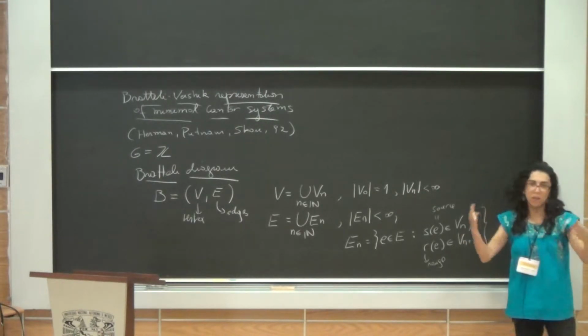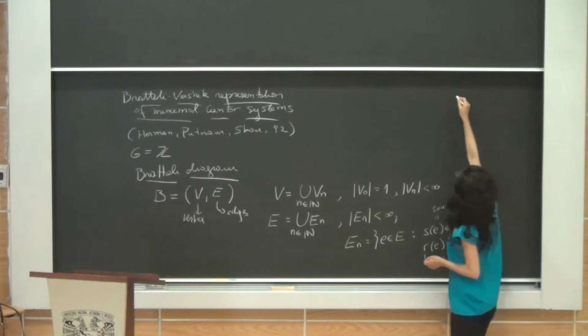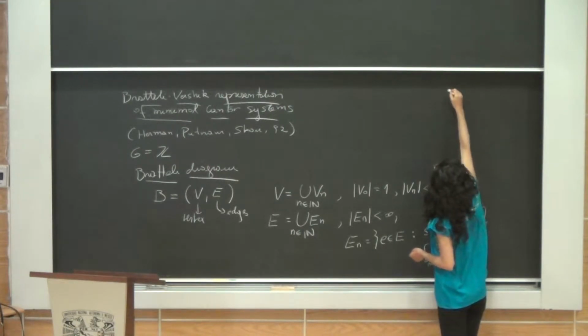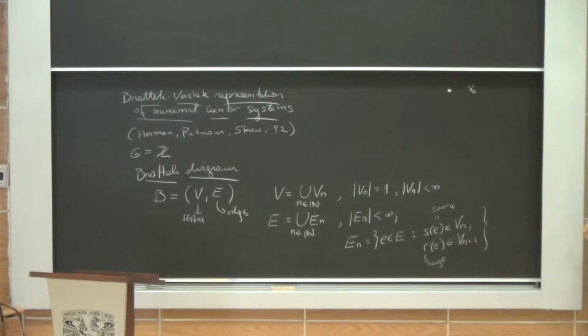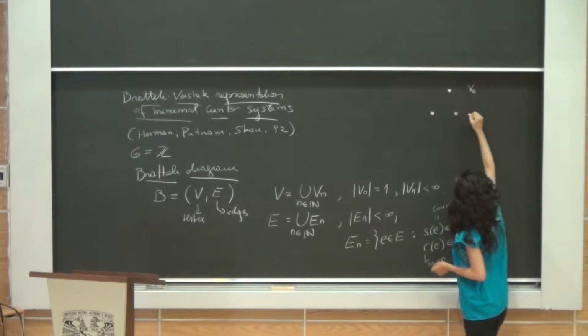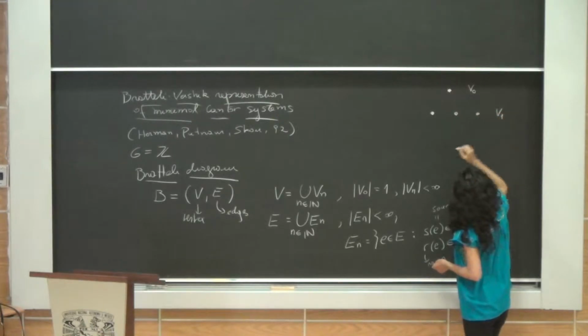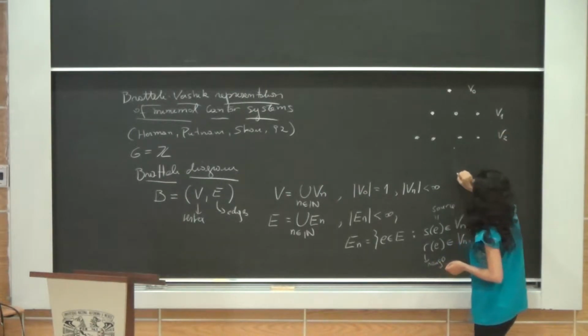So if we try to make a picture of this, the Bratteli diagram looks like this. At the beginning, you have the only vertex in V0. Then you have the vertices in V1, then in V2, and so on.